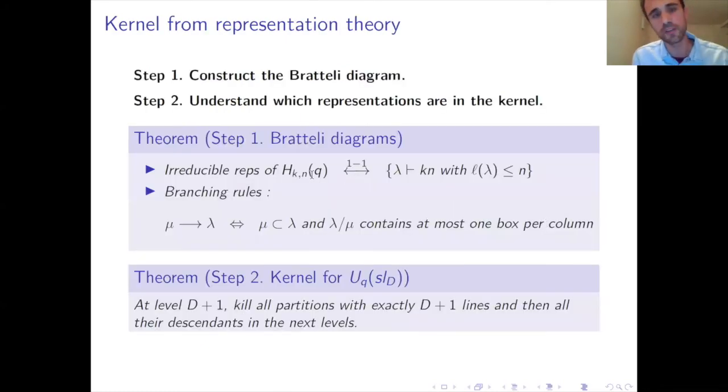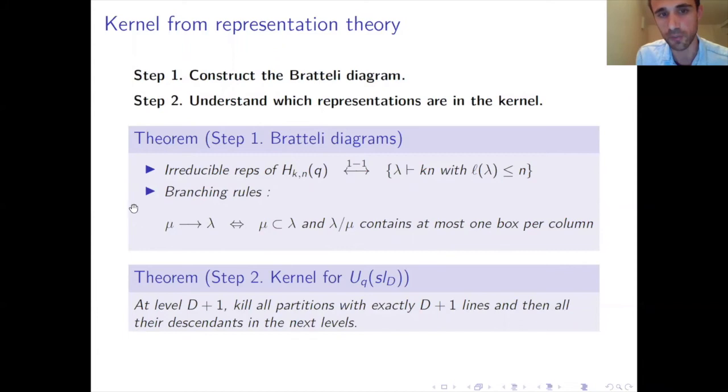Talking about this slide, it's a bit heavy, but it's just to tell you that we have a general theorem, and I will show you an example in a moment. So there are 2 steps that we have to perform. First step is to understand the whole representation theory of the fused Hecke algebra. Don't read this, I will explain in the example, it will be simpler, I guess. And the second step is to say, okay, now that I know what the representations are, I should say which ones are killed by the kernel that I consider.